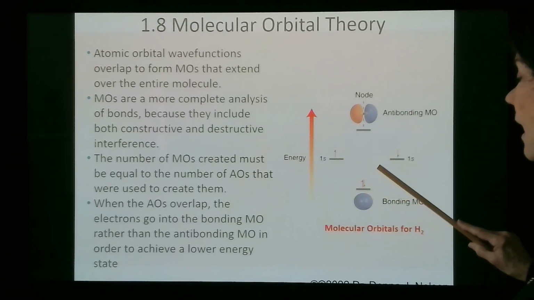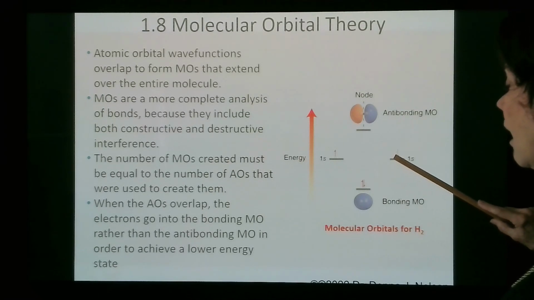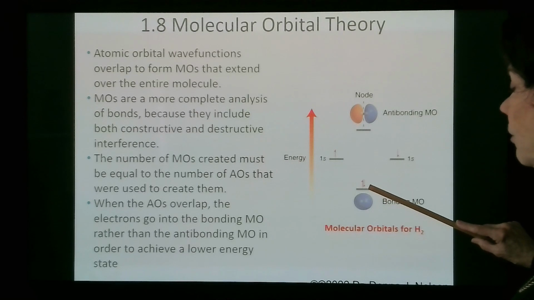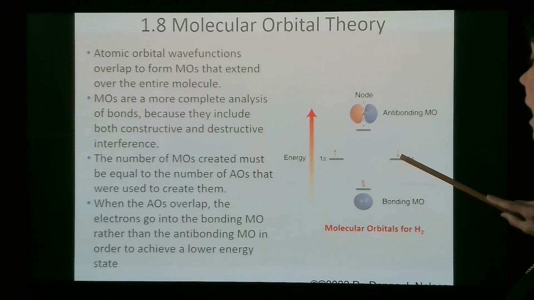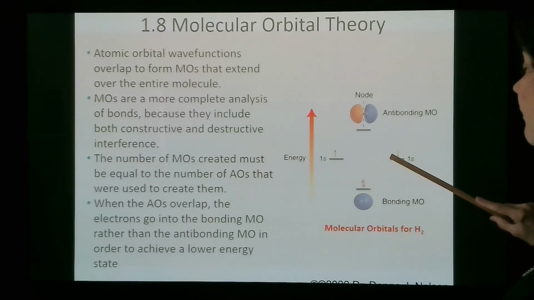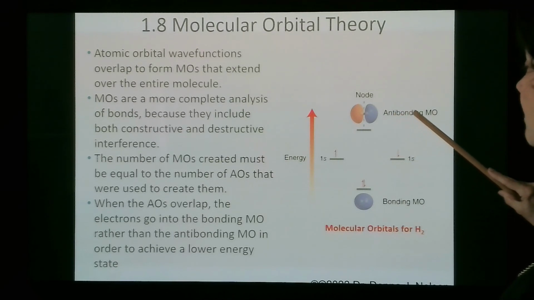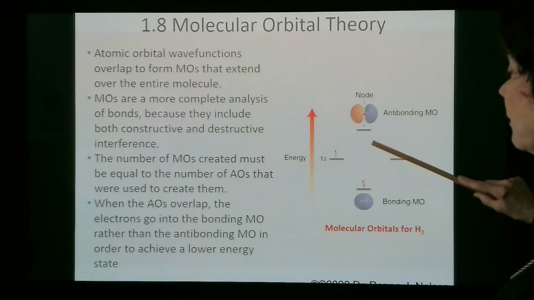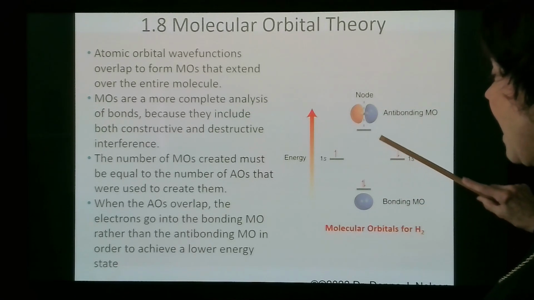And the amount of energy that the bonding molecular orbital is below the atomic 1s orbitals is equivalent to the energy that the anti-bonding molecular orbital has been raised. So this energy is equivalent to that energy.